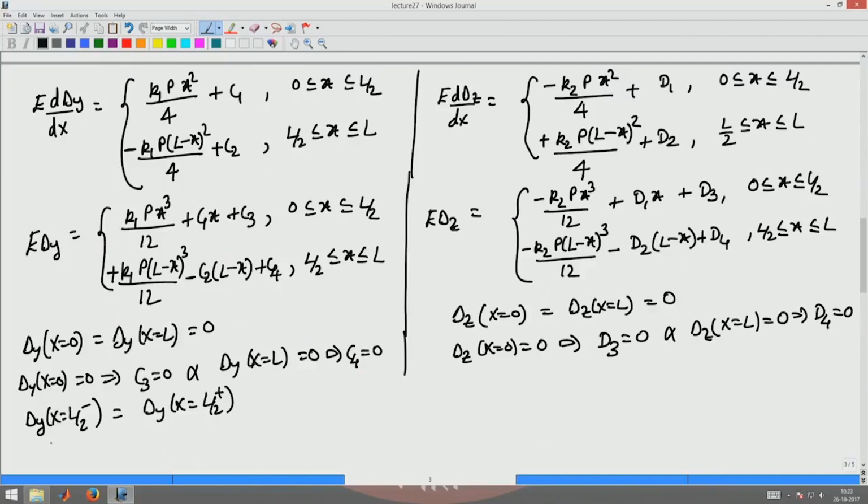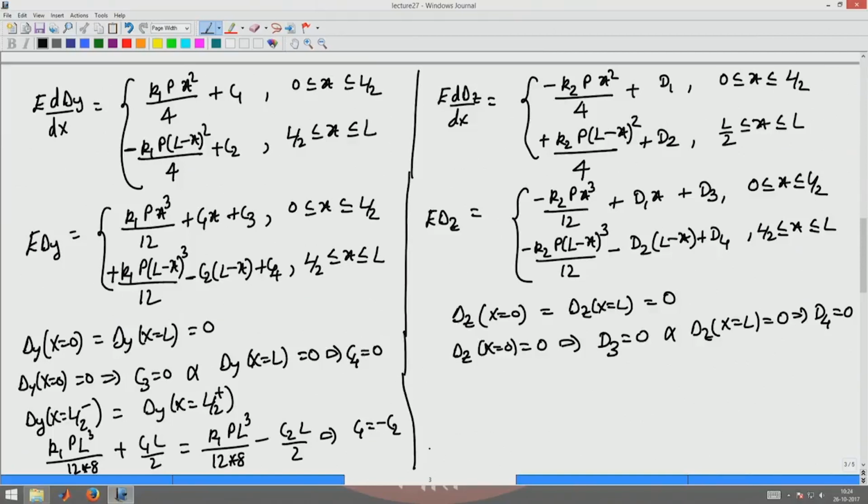This means k1 p L cube by 12 into 8 plus c1 into L by 2, c3 is 0, must be equal to k1 into p L cube by 12 into 8 minus c2 into L by 2. Okay, this implies c1 is equal to minus c2.